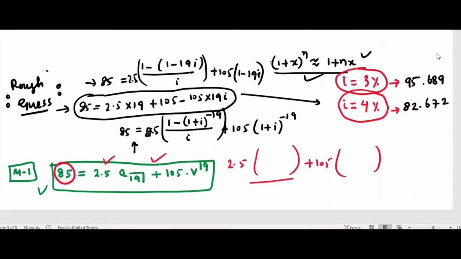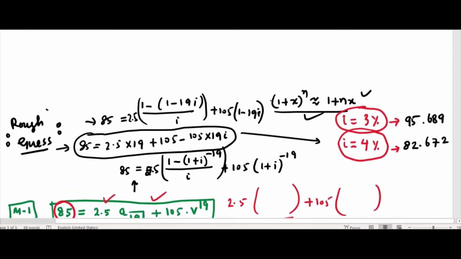It will be between these two. We have to find the final value. You have to interpolate. Do you know how to do interpolation? What is the final i? 85 is the one.